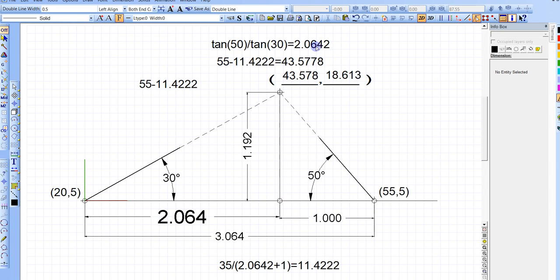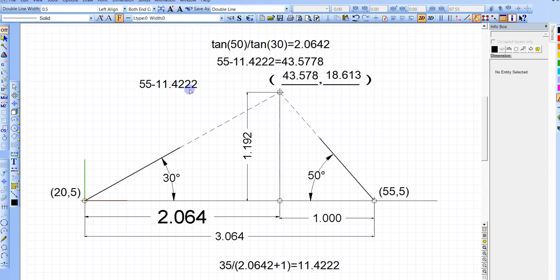That's 2.0642. So the ratio of 35, if this was 35 to 3.064, that's why that works. And that's the 2.064 plus the 1. That's the ratio, right? And then what we want is the 1. So we're just taking 1 and multiplying it by that 11.422 factor. It becomes 11.422.